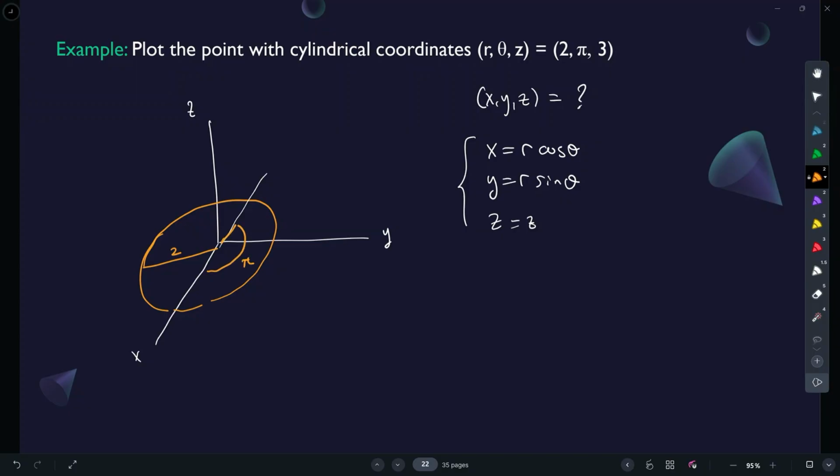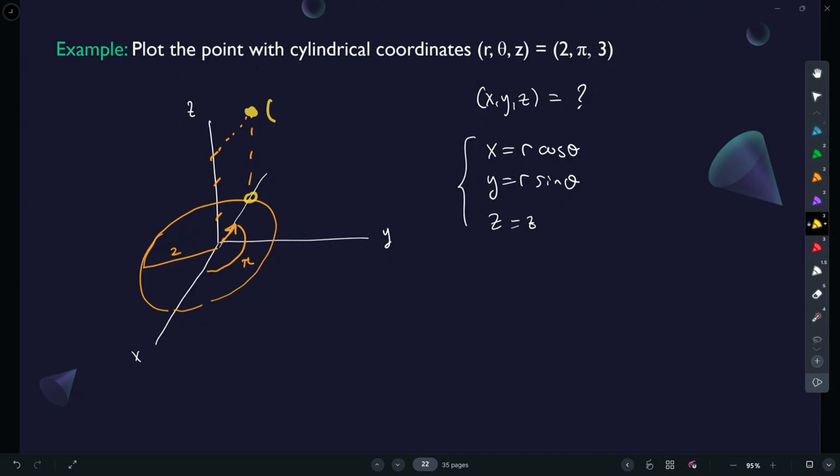So the direction I have to go is in that direction and 2 away, so it has to be here. So what I call my projection, this sort of empty dot, has to be there. Now I know the position in the xy plane of the projection, and now use my z value, which has to be 3. So if I now go 3 up, 1, 2, 3, and I draw the point itself, it has to be up here.